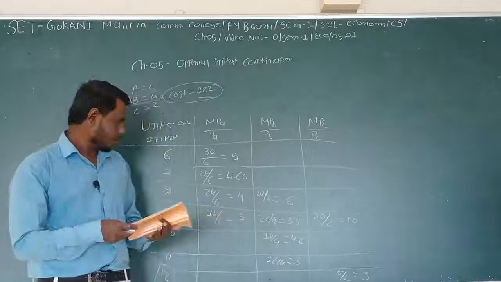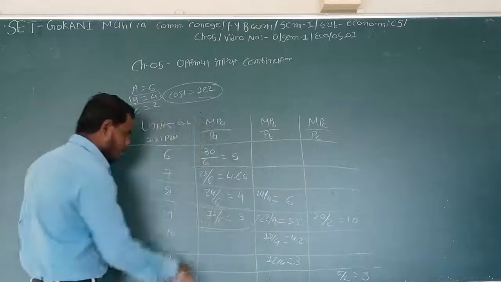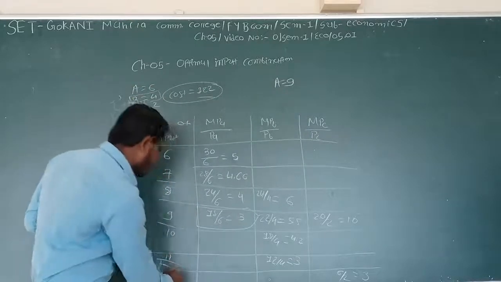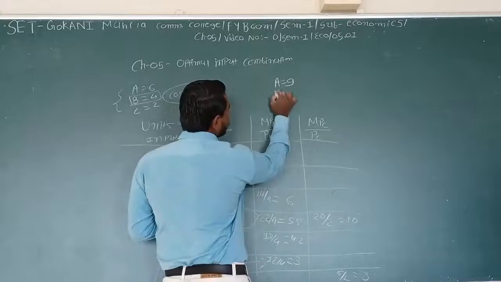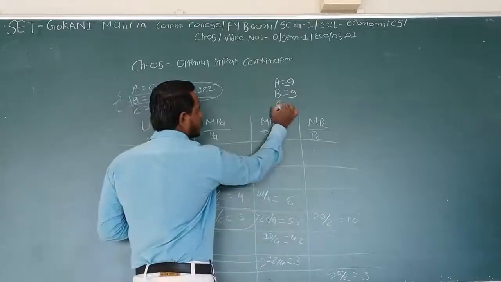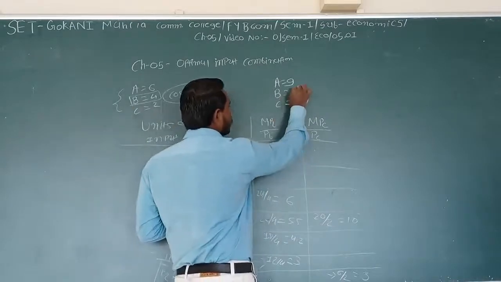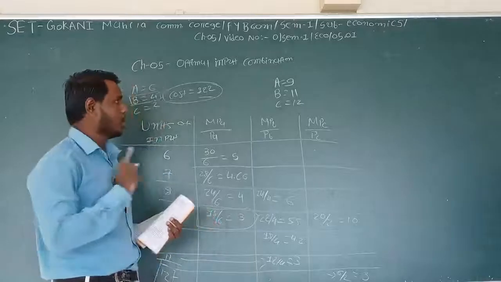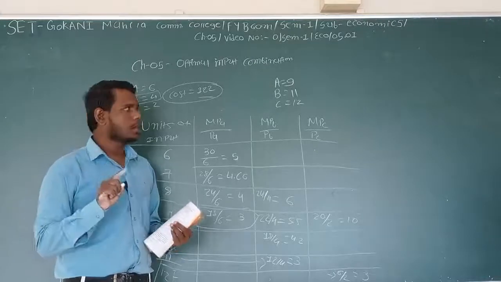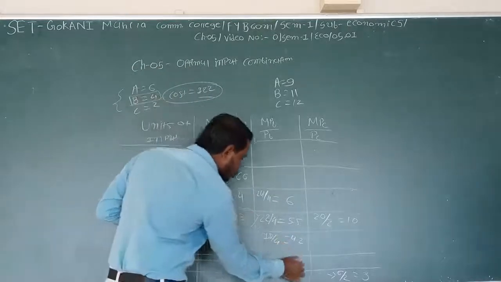Now you can see when you use 9 units of input A, 11 units of input B, and 12 units of input C, at that point in all three cases you will get 3.